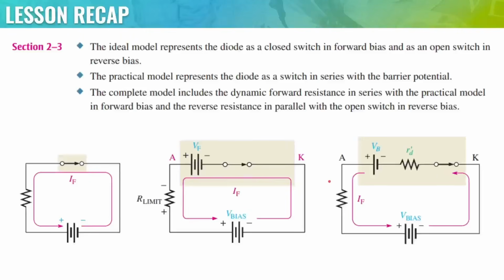Lastly, the complete model includes the dynamic forward resistance, or R prime D in this case. In practical purposes, sometimes the resistors could be in kilo ohms. Meanwhile, this small resistance could be as small as 10 ohms, 5 ohms, or so on.